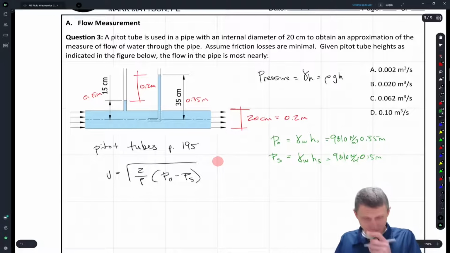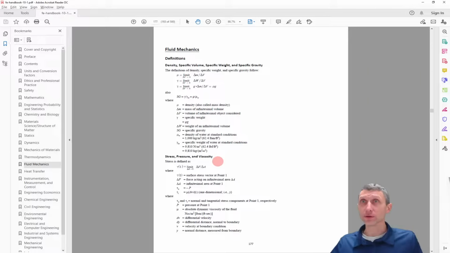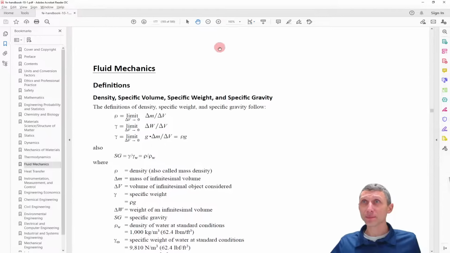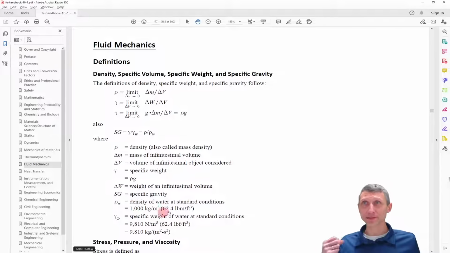And we know that rho is equal to 1,000 kilograms per meter cubed. These came from this section of the reference handbook, but if you can commit those to memory, that's going to be helpful too. So rho is 1,000, saves time. Gamma is 9810. We're going to use those over and over again tonight. If you can commit them to memory, it's going to make life easier.